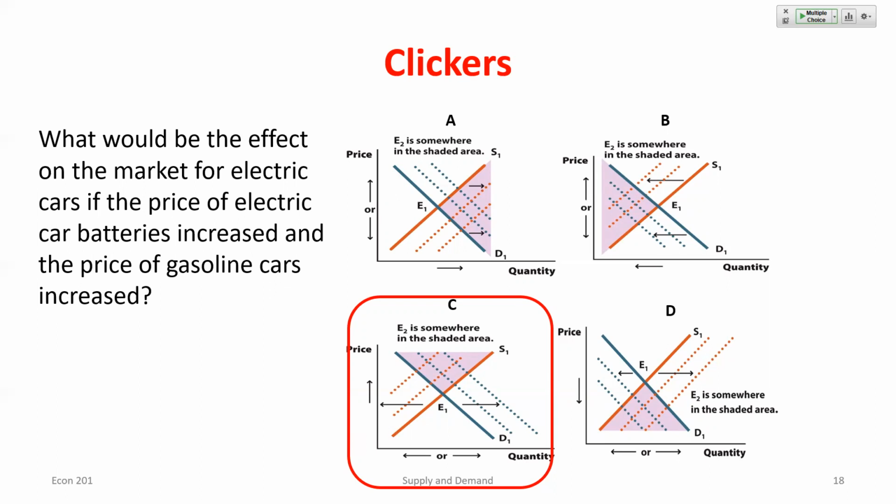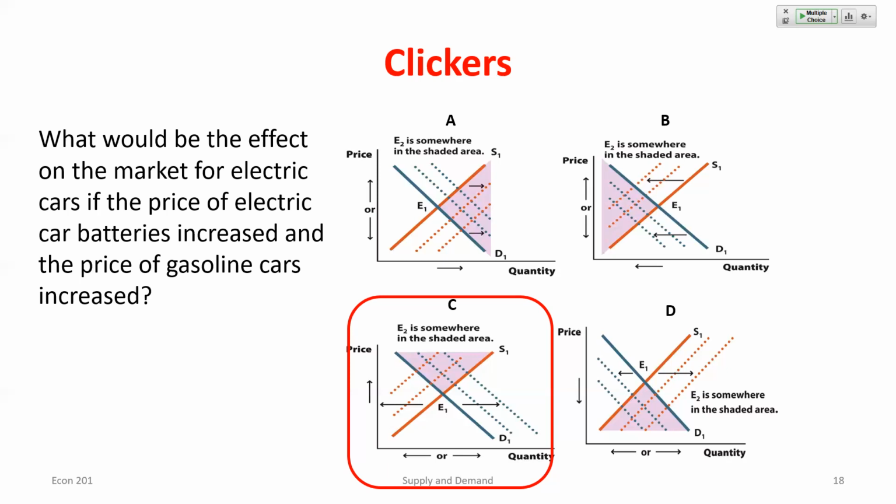If you're asking how I know which areas to shade here, the shaded area is wherever the simultaneous shifts push in opposite directions. If I draw these out on the same curve, I know that demand is pushing equilibrium price and quantity up. I know that my supply curve is pushing equilibrium quantity down and price up.